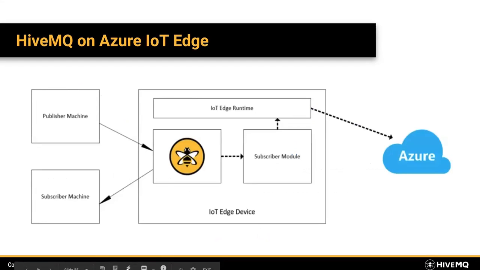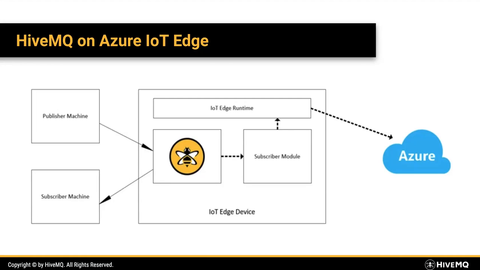And this is the example which pretty much explains and covers all of the topics and concepts Christoph and I introduced before. So I will quickly explain the architecture. If you go all the way from the left side to the right side, we have the publisher and the subscriber machine that are talking to each other through the Hive MQ broker.